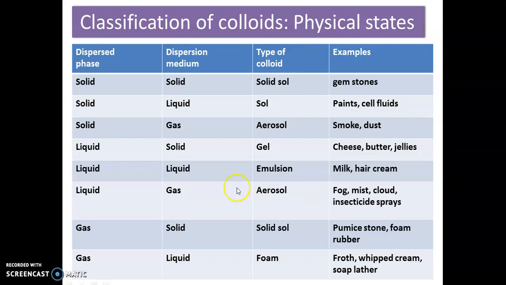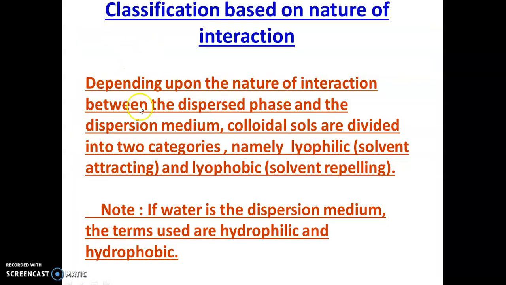And by combining all these types of examples, we get a table in which I have taken type of colloid and examples. Next type of classification is depending upon the nature of interaction between dispersed phase and dispersion medium.